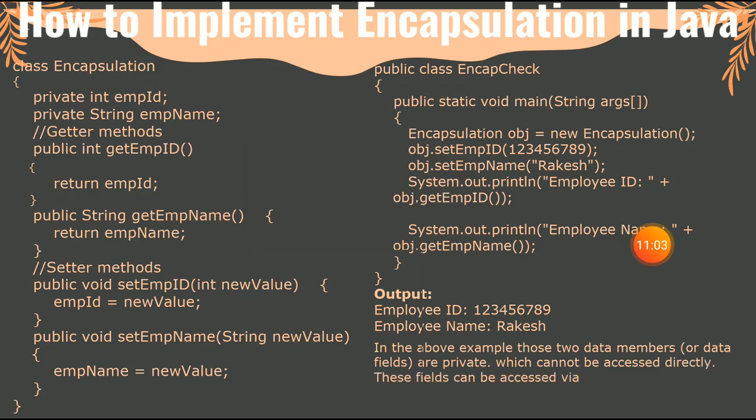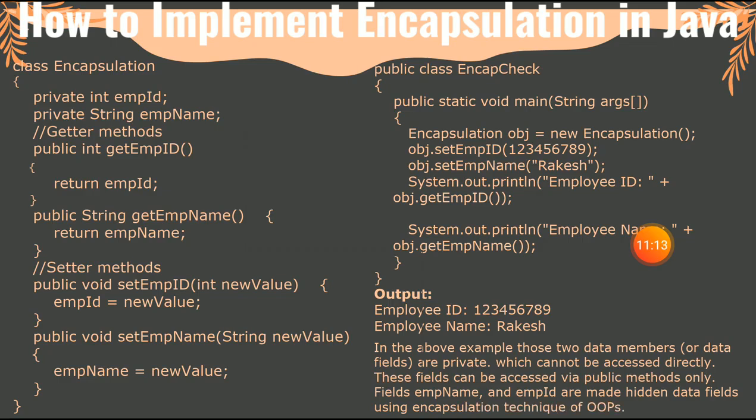These fields can be accessed via public methods only. The fields employeeName and employeeID, as you can see on the left side, are hidden. How are they hidden? Through the private keyword, and using it is the encapsulation technique of OOPS.